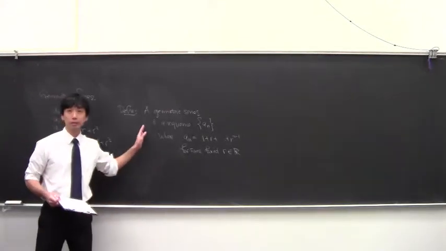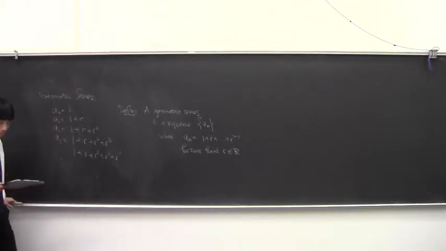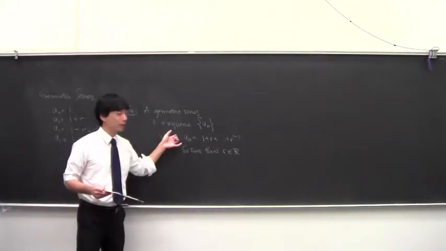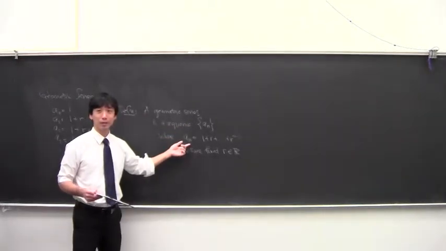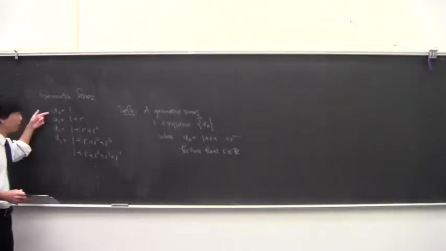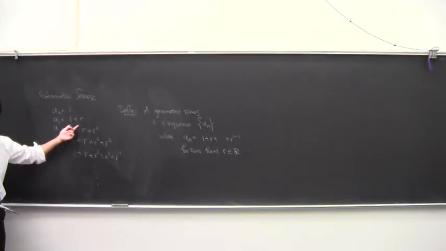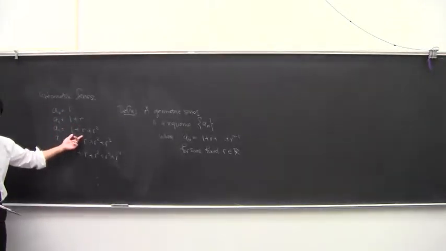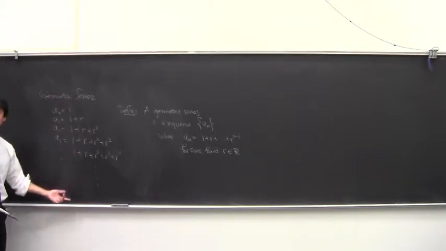Okay. So it's something that looks like this. If r is 1, then what does your sequence look like? Suppose r is 1. It'll be, the first term will be 1, the second term will be 2, the third term will be 3, the fourth term will be 4, etc. Right?